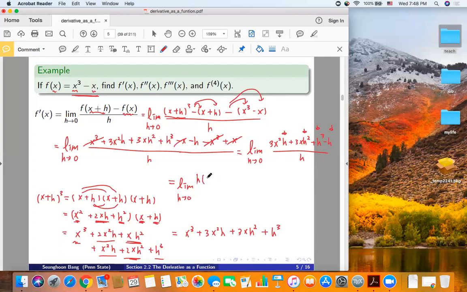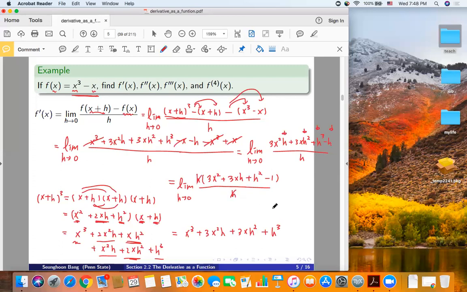The first term gives 3x squared. The second, factor out h, gives plus 3xh. The third, h cubed, gives h squared. The last one, minus h, factor out h gives negative 1 over h.